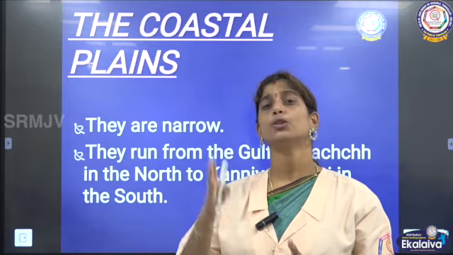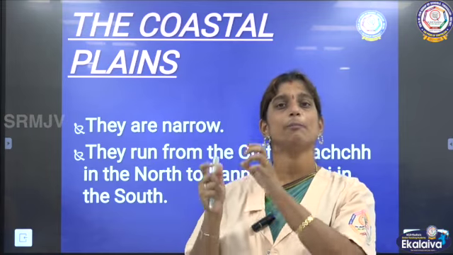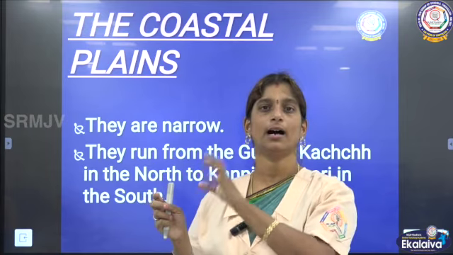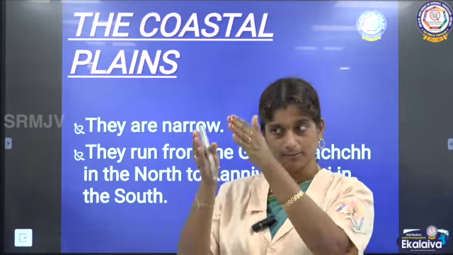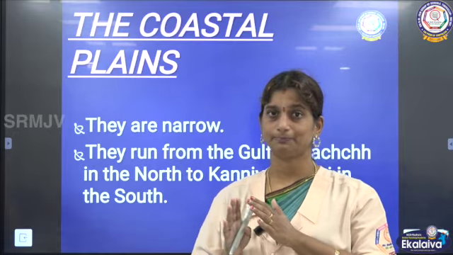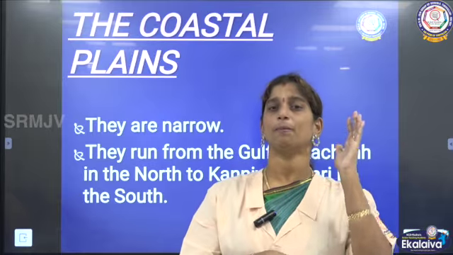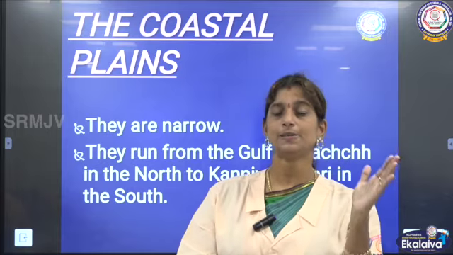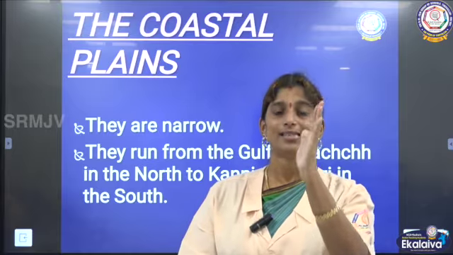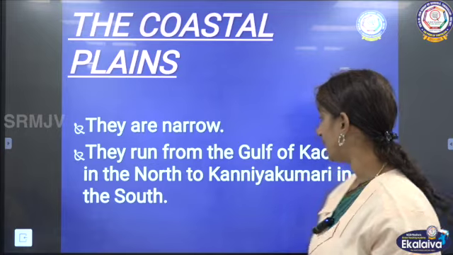So the place between the Bay of Bengal and the Eastern Ghats, we call it the East Coast region. The same way on the western side, the place between the Arabian Sea and Western Ghats, we call it the West Coast region.